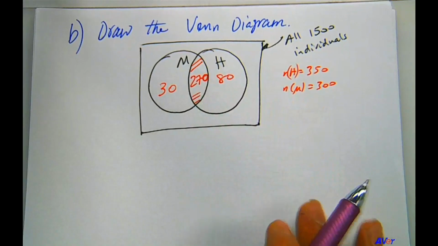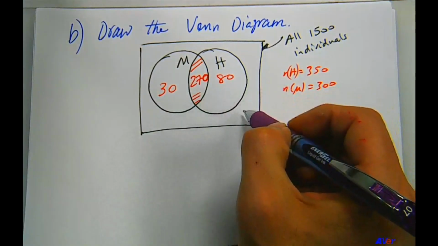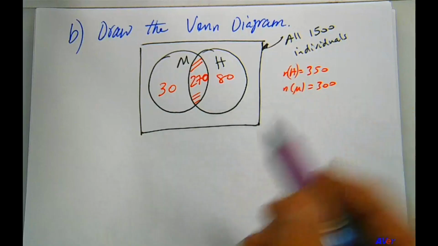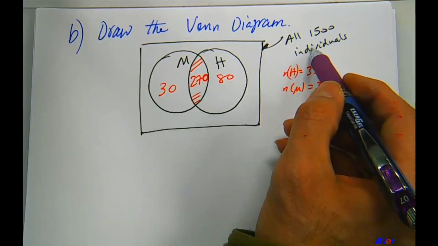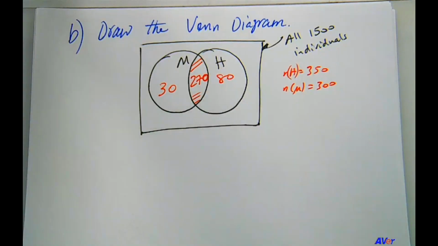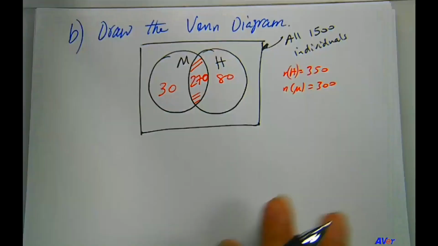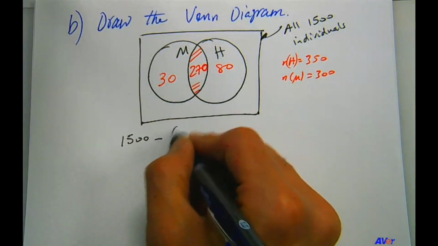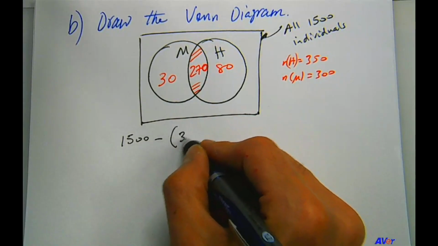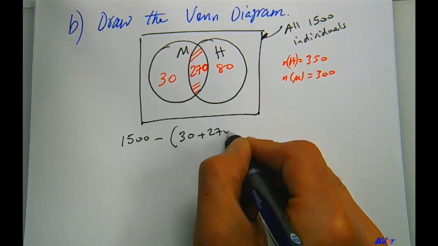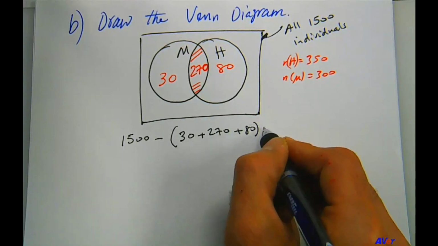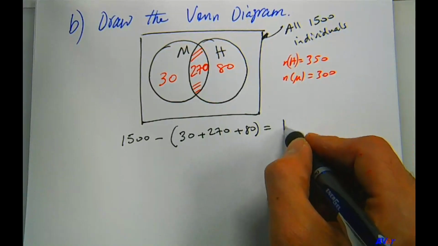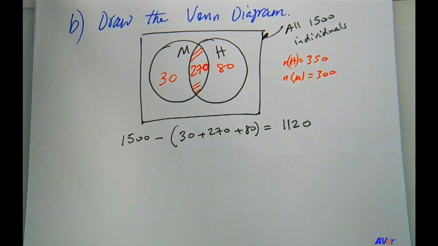Okay, all right. So the question then is, how many people should be way out here? Well, the total number of students that was surveyed for this data was 1,500 people. So 1,500 minus all of these added, minus 30 plus 270 plus 80, would be equal to, let's see what I have, 1,120 people.